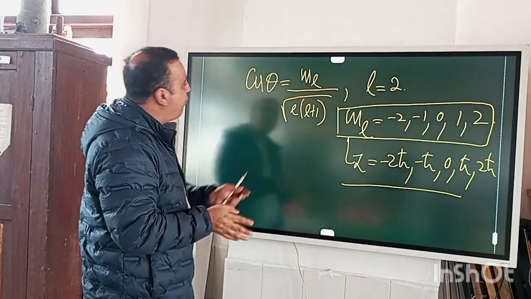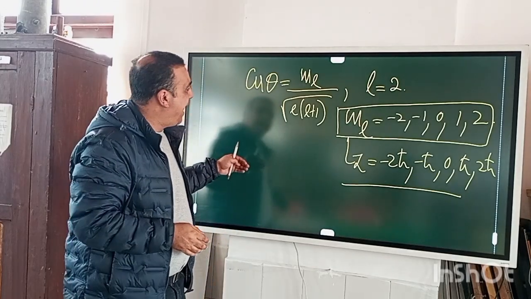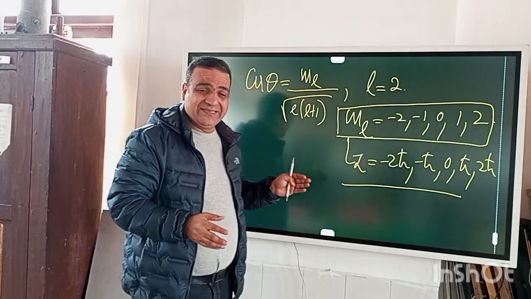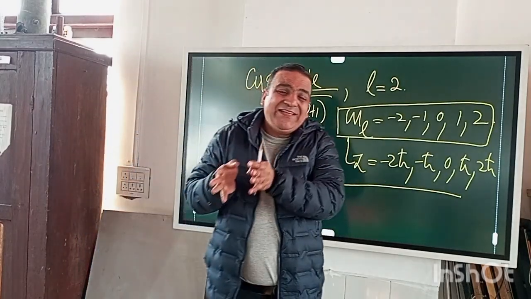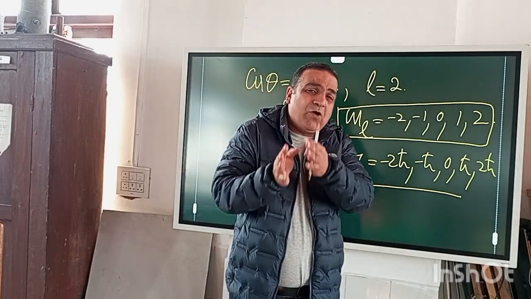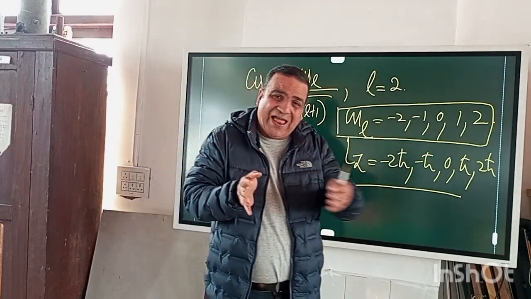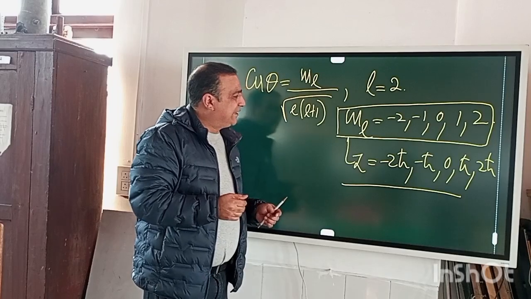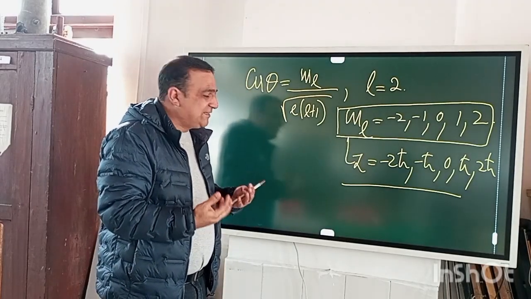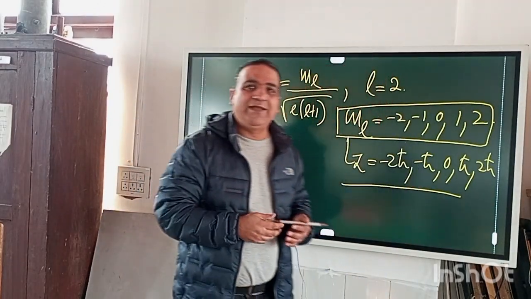That means we will have 5 values for cosine of theta, and automatically we will have 5 thetas. So we will have discrete thetas. We will not have all plausible values of theta. We will have only a set of values of theta, confirming the existence of space quantization in this atom when it is subjected to an external magnetic field.